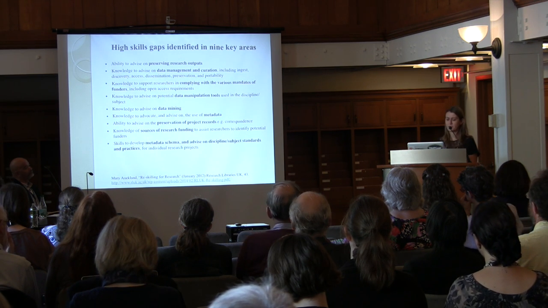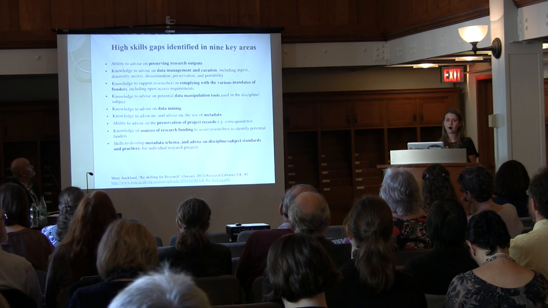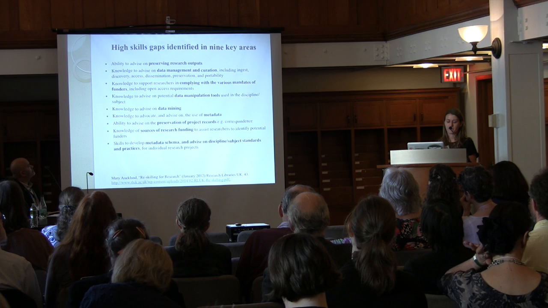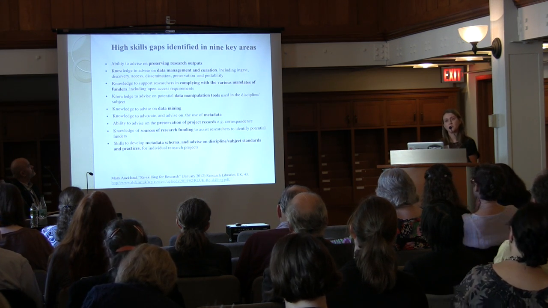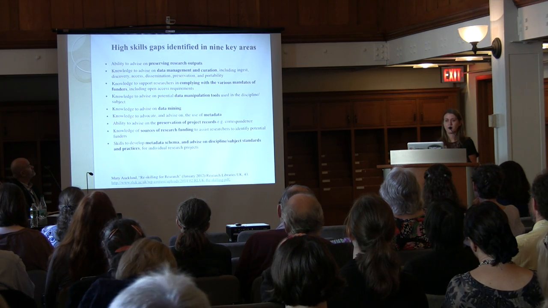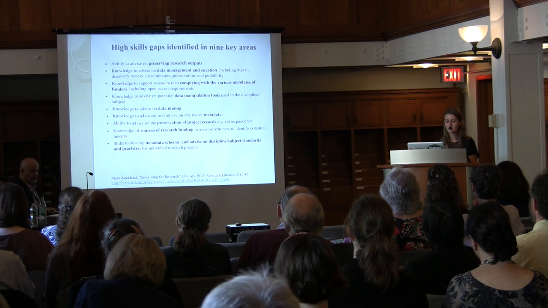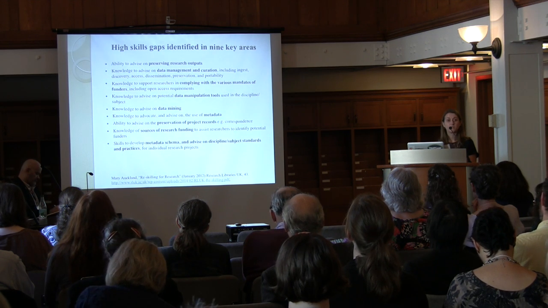You can see in this first slide that her data revealed high skills gaps in 9 key areas, which were considered important at the time of the survey, and the respondents felt that these areas would only continue to grow in importance. Broadly, these areas focused around data management, preservation for both print and digital objects, metadata, digital tools and methods, and research funding.